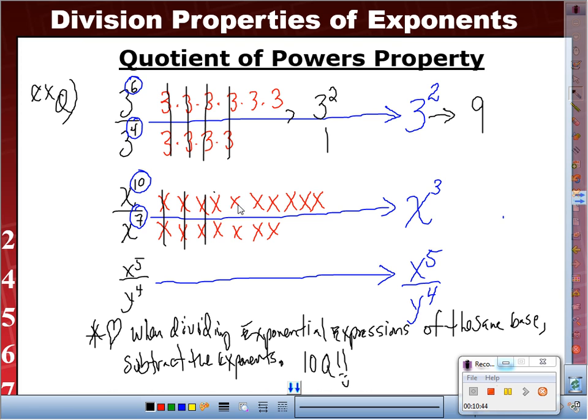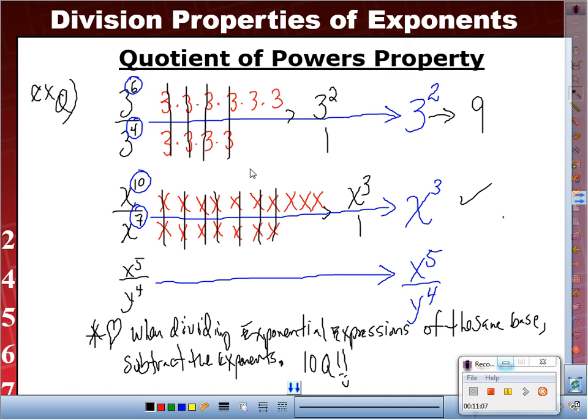Here, here, here, here, here, here, and here. 1 times 1 times 1 times 1 times 1 times 1 times 1 times 1 times x, x, x. That is x to the third on the numerator. Yes? Denominator, 1 times 1 times 1 times 1 times 1 times 1 times 1 is 1. Is x cubed over 1 the same as x cubed? Yes, that's how you can check to see if you got it right.